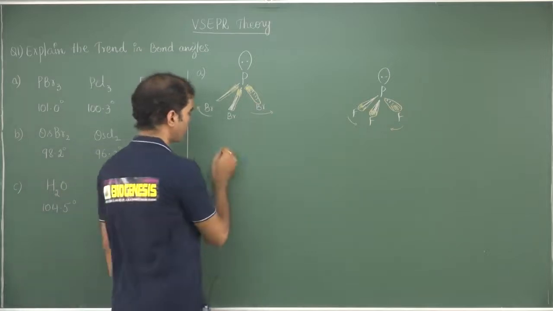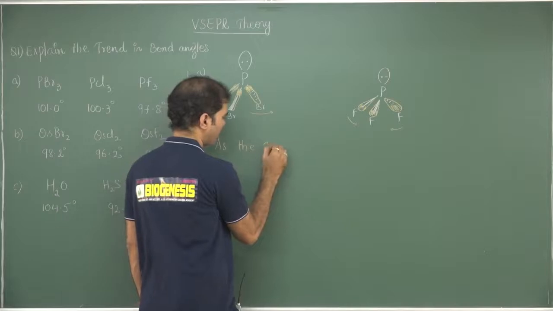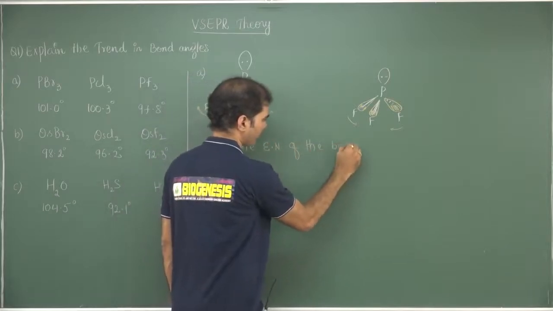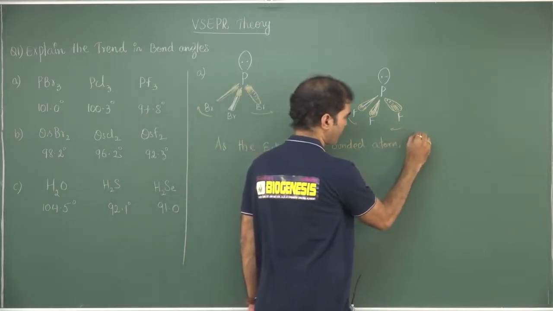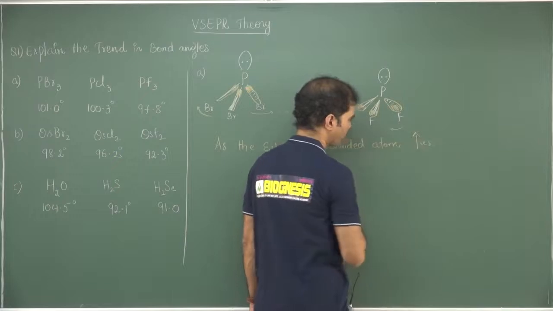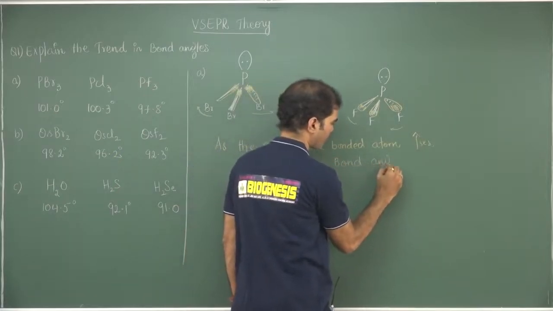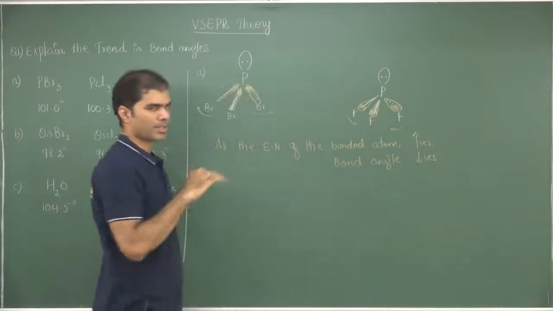I am just writing that conclusion. As the electronegativity of the bonded atom increases, bond angle decreases.